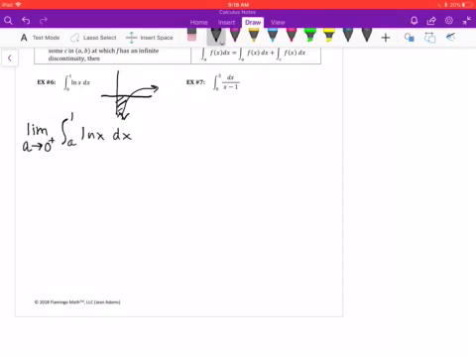Now, this integral, sometimes kids get confused and they think, oh, the integral of ln x is 1 over x. No, that's the derivative. So when you are integrating ln x dx, you must use integration by parts, and we must make our u ln x.